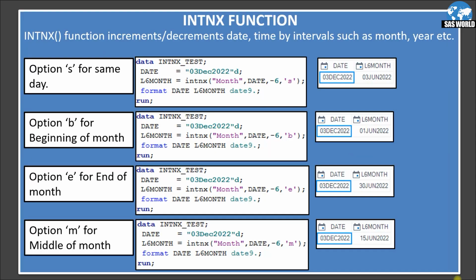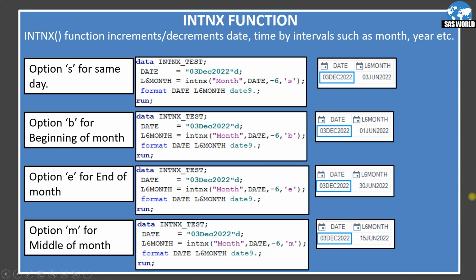Okay guys, so before starting the project, let's first understand this intnx function because this function will be used. So intnx function is used to increment or decrement date based on interval such as month or year, or you can use day and other options also.